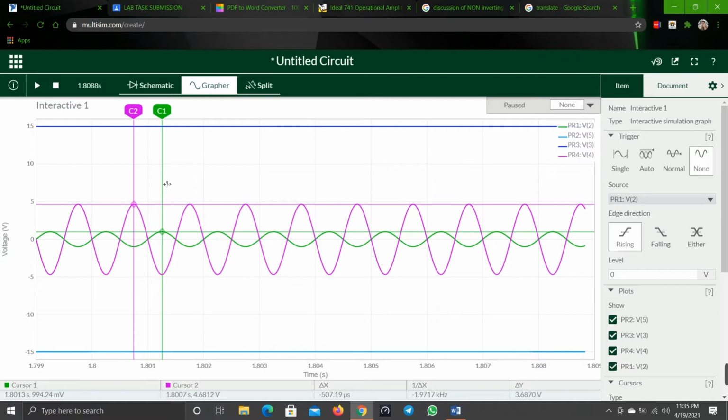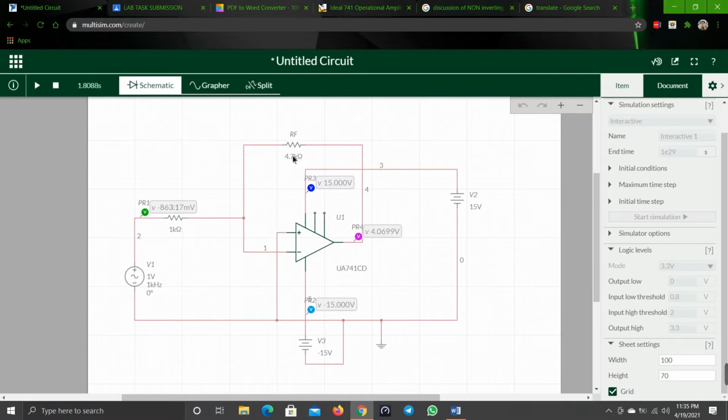So let's go to the next step for the 10k resistance.